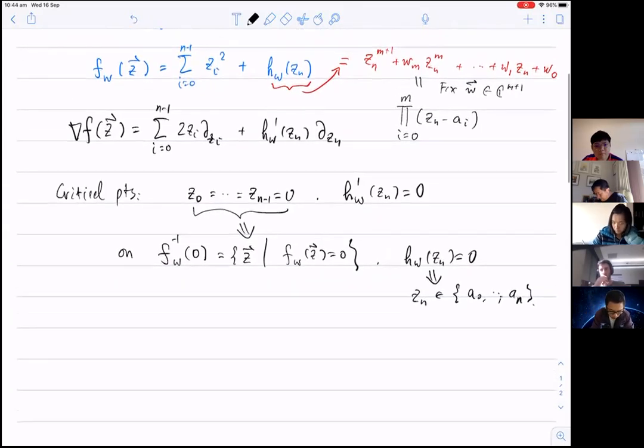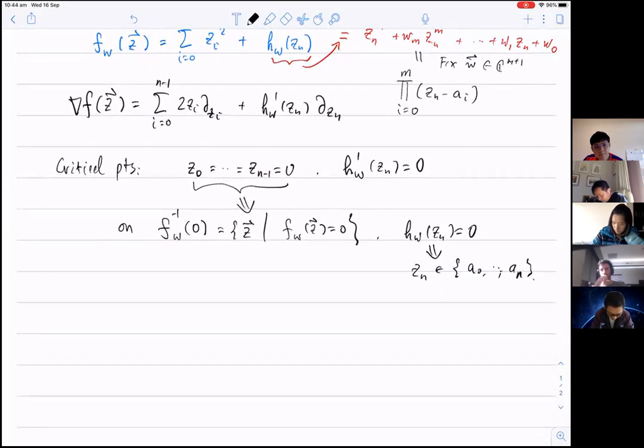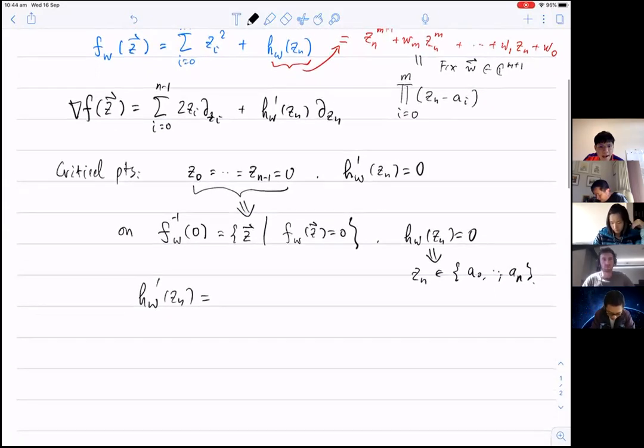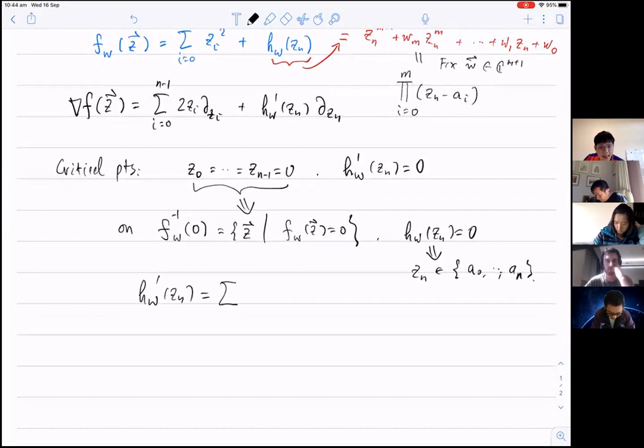And also if we take the derivatives, that will be a sum over i from 0 to n.